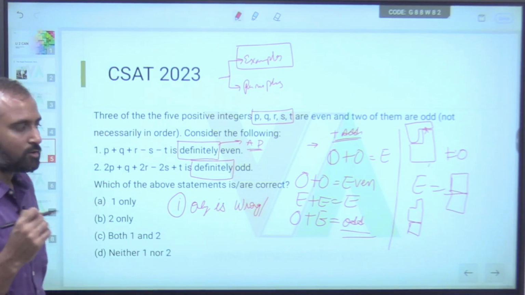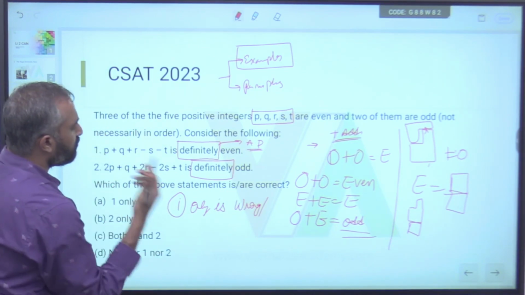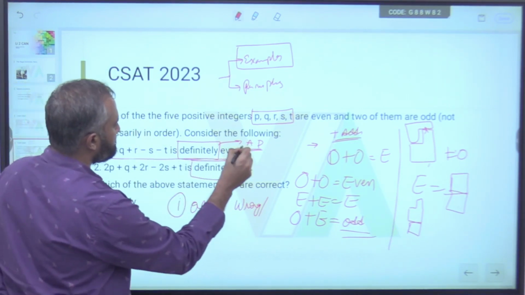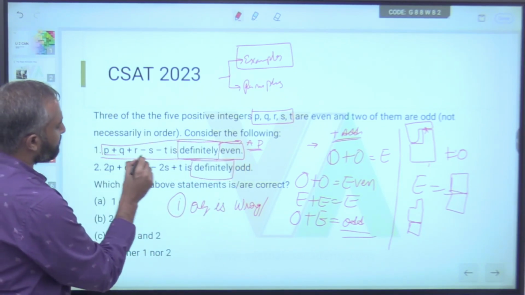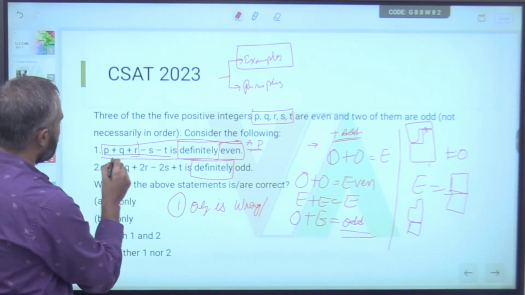Now, all I need to do is prove one case where this is definitely not even.